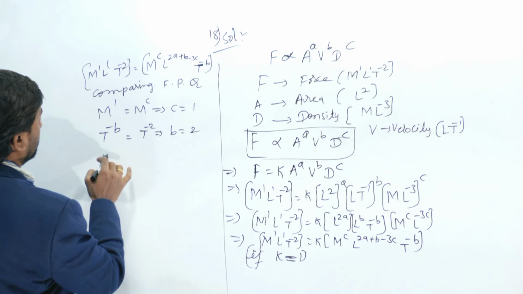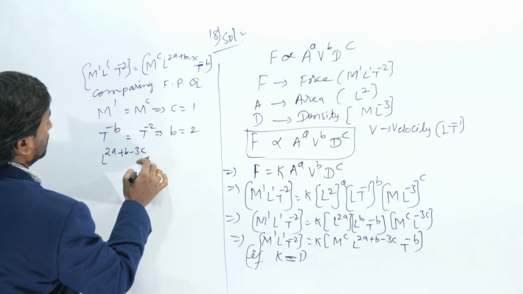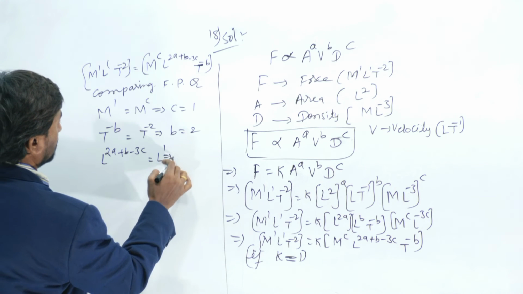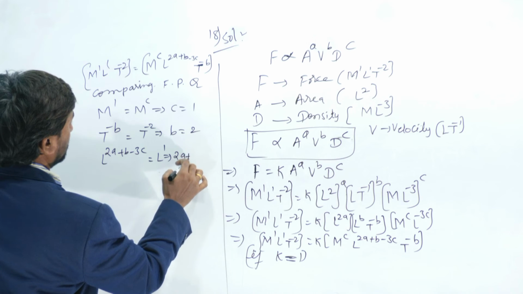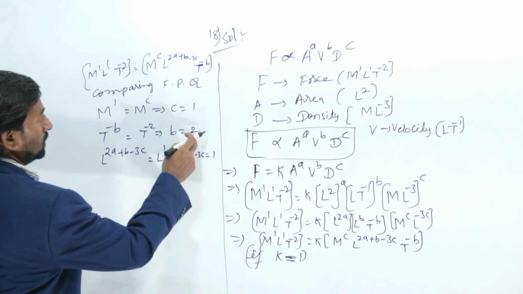Now L power 2a plus b minus 3c equals L power 1, so 2a plus b minus 3c equals 1.